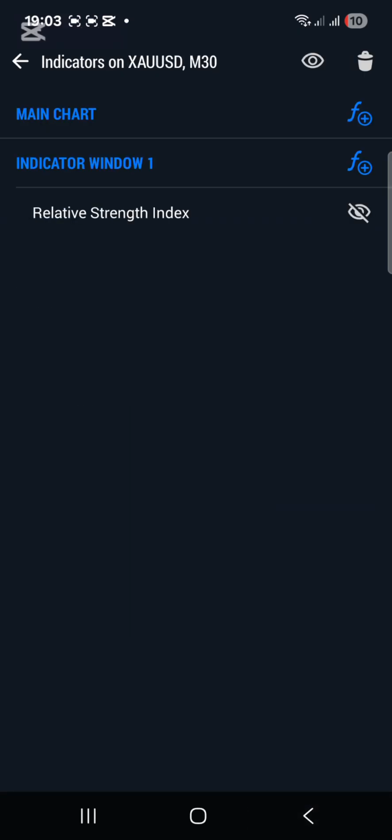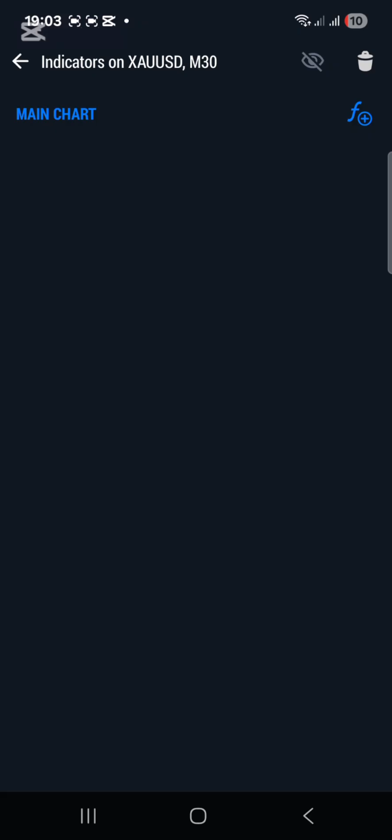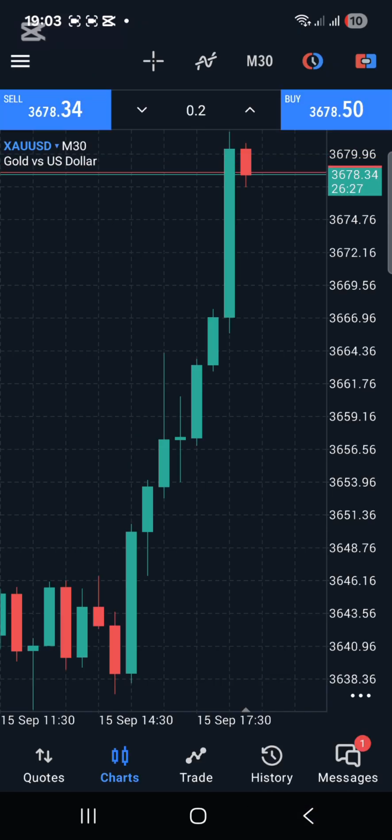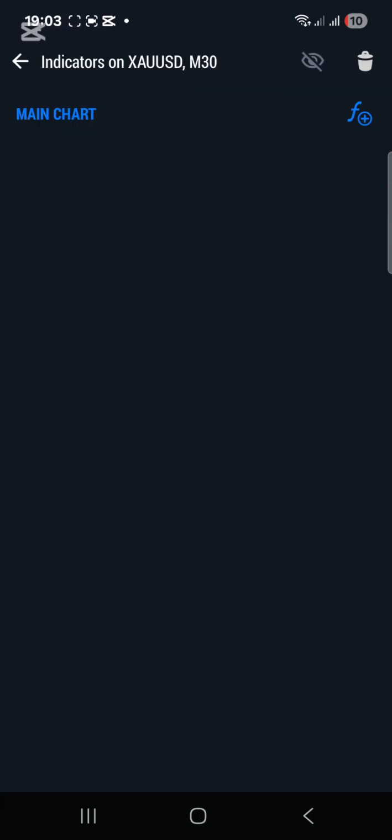Sorry, let me show you first, because of course yours won't have the indicator. So you're supposed to click on this indicator right here, the N with the line at the middle, and then come click on the F that has a plus sign surrounded at the top right.